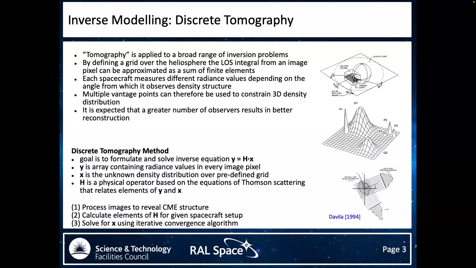And then we can solve that to get a map of the 3D density. So in this equation, Y is just an array containing all the image pixels. X is an array containing the unknown density over the grid. And H is a matrix that contains the physics of Thomson scattering, including polarization. And so we know Y, we can calculate H, and so we use that to solve this inverse equation to give us a density.